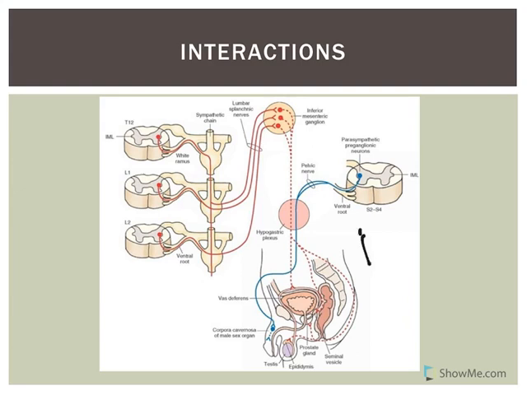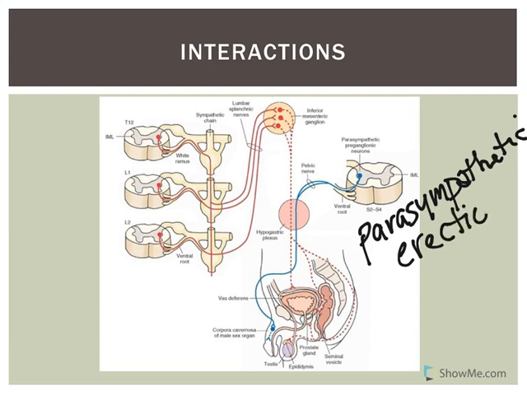So the parasympathetic branch is extremely important in the development of the erection, and the sympathetic division becomes important when you have emission and ejaculation.